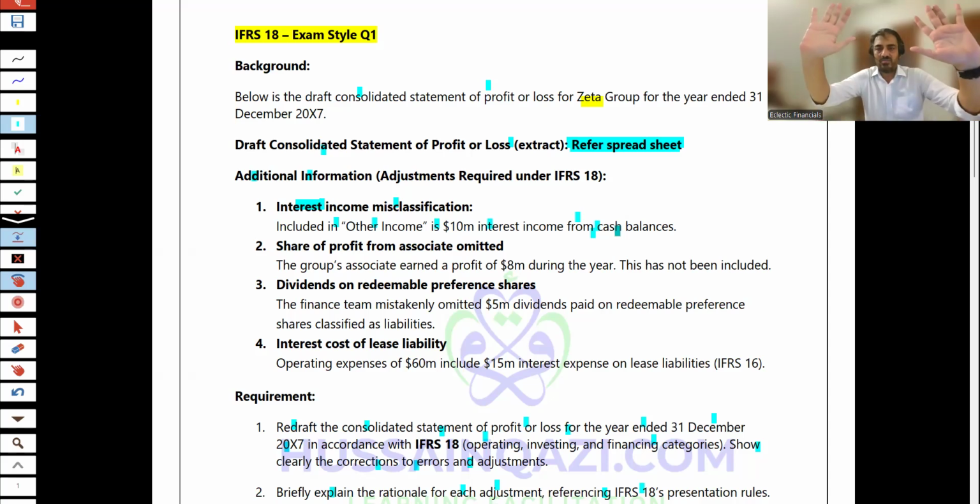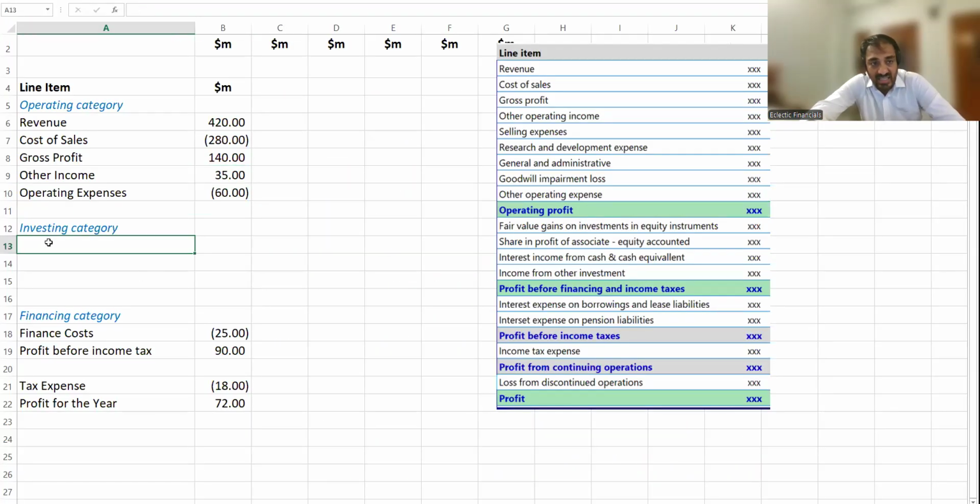Is this clear? Yes. Number two, share of profit from associate omitted. The group associate earned a profit of $8 million during the year, and this has not been included. This is an investing category item, so we have to incorporate it.